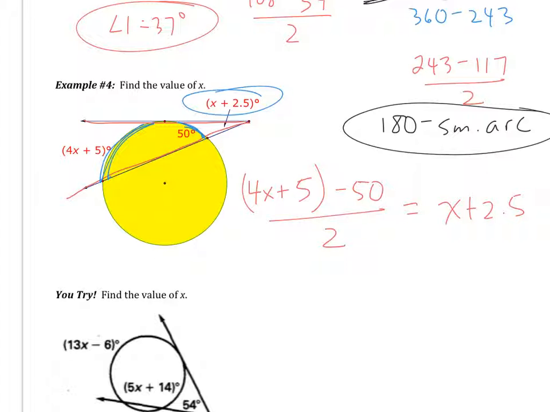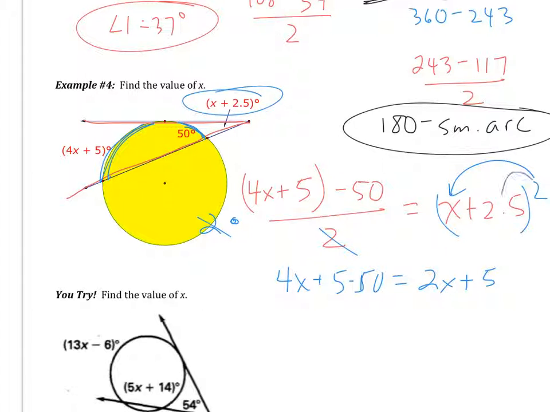Try it. Okay, remember, first thing we said was multiply by 2. I'm going to multiply this entire thing by 2. That's going to give me a 4x plus 5 minus 50 equal to a 2x plus 5. 2 times x, 2 times 2.5. That gives me a 4x minus 45 from 5 minus 50 equal to 2x plus 5.